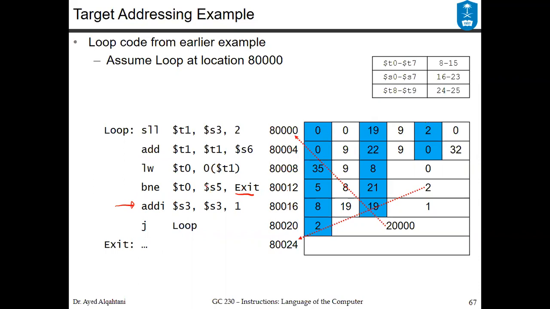And you want to have the PC plus wherever you want the exit to be. The exit was here. So you need to add 1 to move from here to here, and another 1 to move from here to here. So you need 2. And that's why, instead of this exit, we write 2.